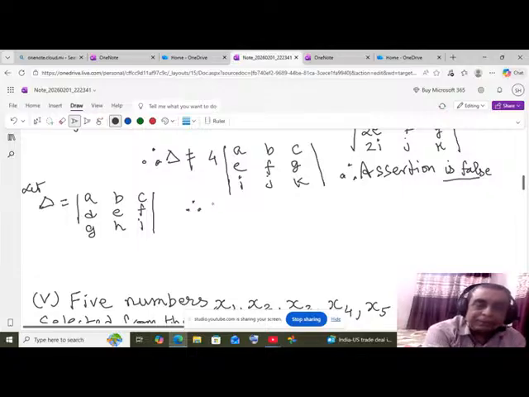So here, this determinant will be multiplied by k.